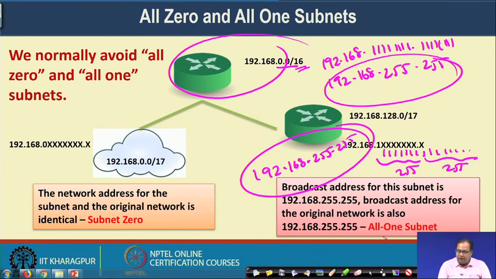So, that is the problem of the all 1 subnet. If you find out the broadcast IP for the all 0 subnet, that will be different: 192.168.0, then all ones. But the problem is that the network IP for the subnet becomes equal to the network IP of the original network.